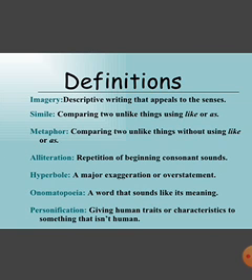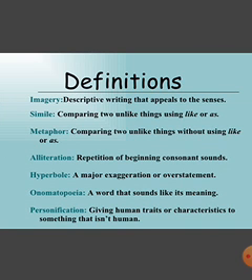So starting from imagery, let's quickly look at the definitions of these. Imagery is descriptive writing that appeals to the senses, yes, it appeals to your touch, sight, smell. Then we have simile, when you compare two unlike things using like or as.